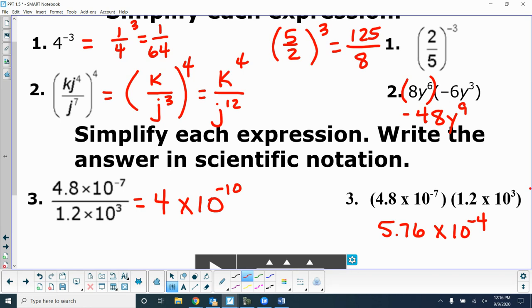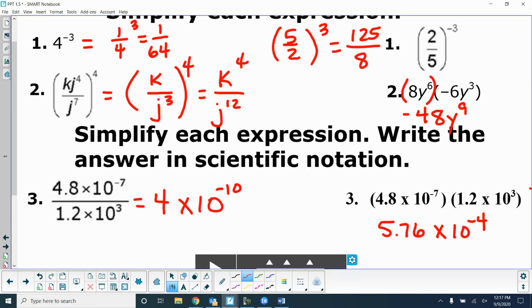All right, homework answers. So look at your homework. And if there's any that you have a question on, we'll go over it, okay? We started at number 10, which was 9, a to the 4th, b to the 6th.